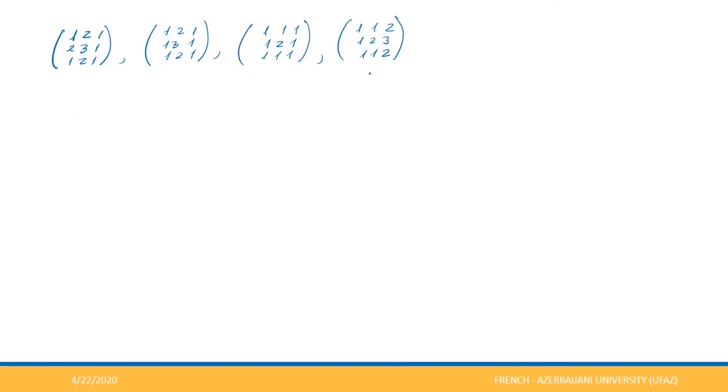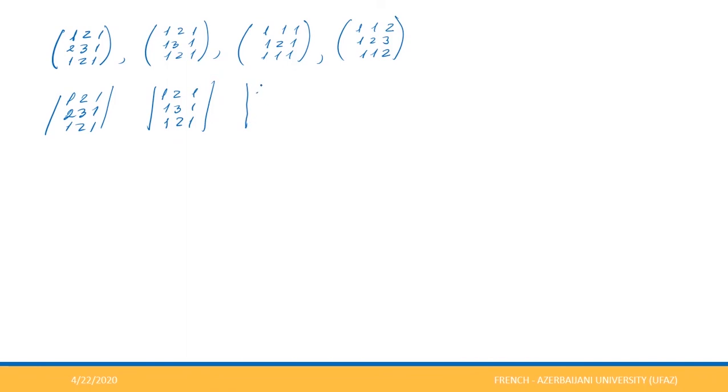If we calculate the determinants of these matrices, take 1, 2, 1, 2, 3, 1, 1, 2, 1. You see first row and last row are the same. Because of this, this determinant will be 0. Look at the determinant of 1, 2, 1, 1, 3, 1, 1, 2, 1. First row and last row are the same. Because of this, the determinant will be 0.